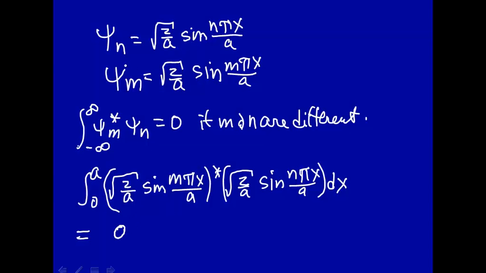So if you take these two wave functions with different n and m, multiply them and integrate over all space, you get 0. So this implies psi m and psi n are orthogonal.